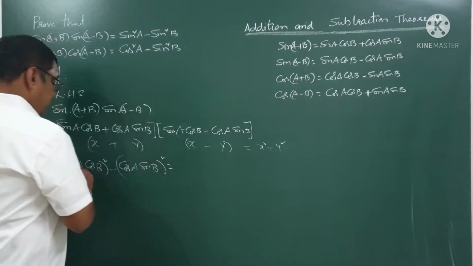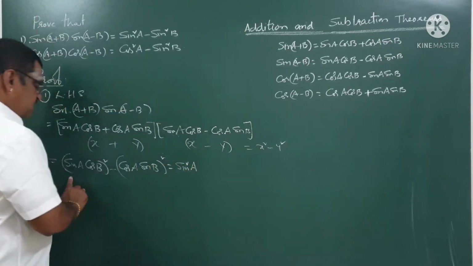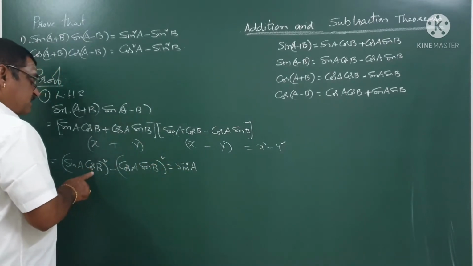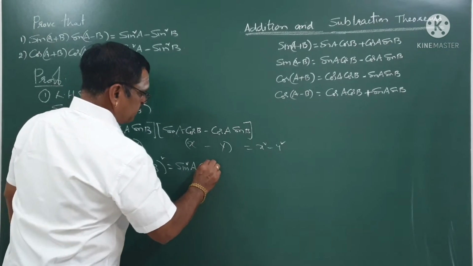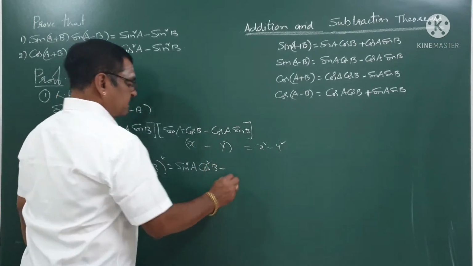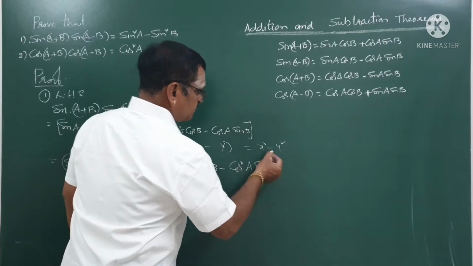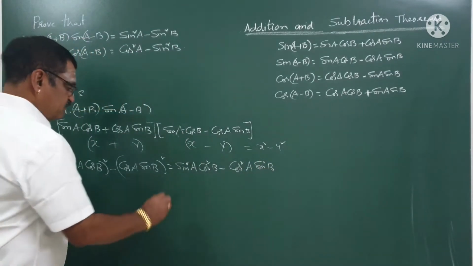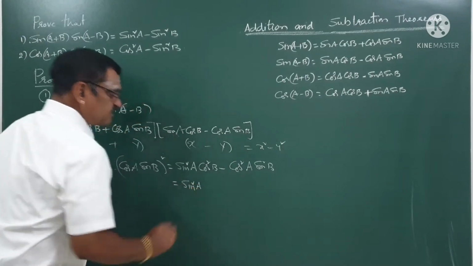The first one, we have sin square a, sin a whole square means sin square a, and this is cos square b. I write one more step, cos square b minus cos square a sin square b.